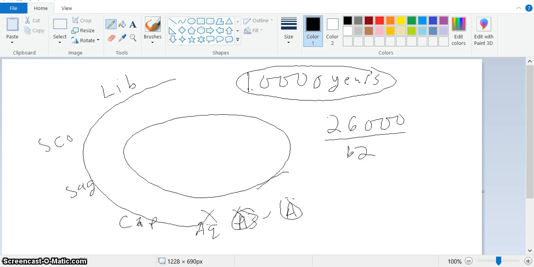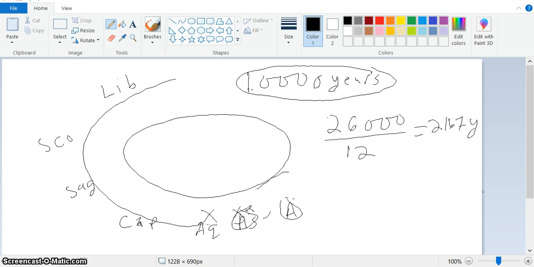So when you divide this, it tells us that once every 2,167 years, roughly, the vernal equinox will go from one constellation to the other, right? So it started in Aries. It's now in the current time in the constellation Pisces.